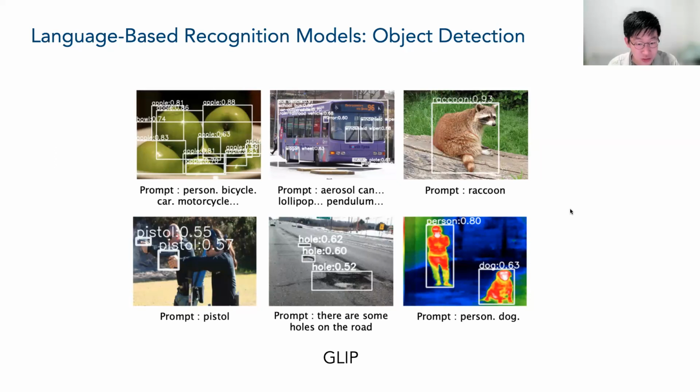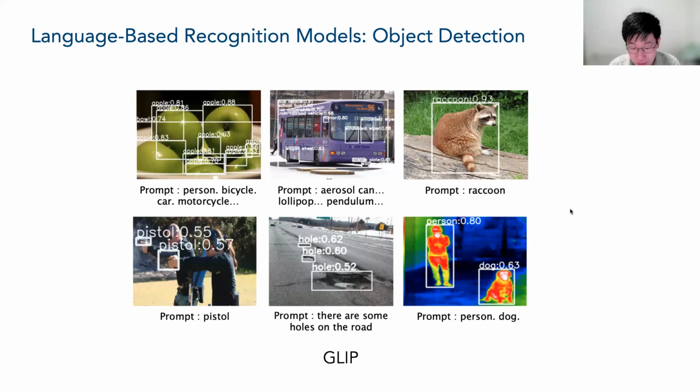The general gist is you can convert any fixed vocabulary task you already have, like predicting from a fixed vocabulary of 80 classes on COCO, into predicting the alignment between your image or image regions and a text prompt. Because of that, you can utilize many web scale image text pairs for supervision, and at test time, you can just specify what you want to detect with a text prompt.